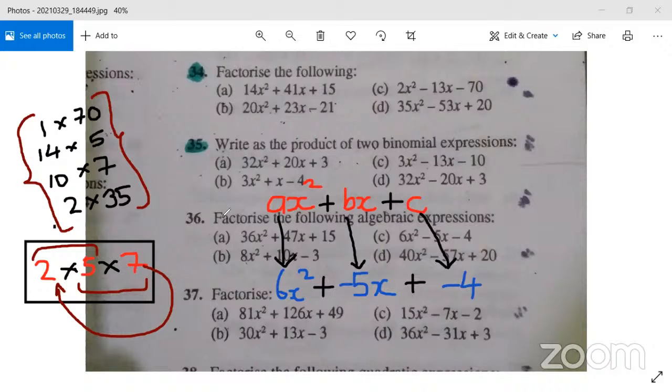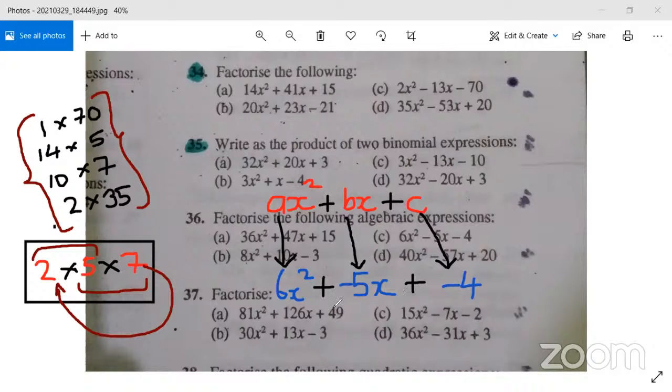So that is a possibility. It's just that in this situation, all of them are positive if you notice. Positive 14, positive 20, positive 2, positive 35, positive 32, positive 3, 3, 32, etc. So this is just how we identify our A, our B, and our C.